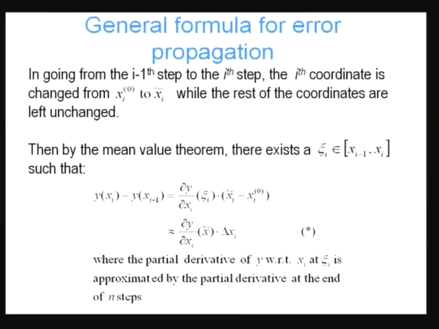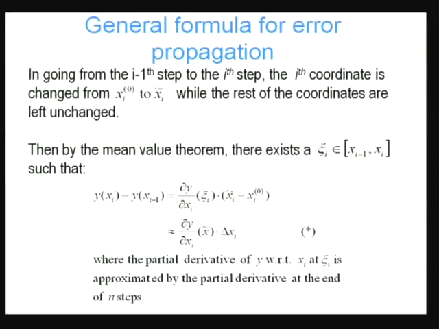Because of this, due to the mean value theorem, there exists a xi i which belongs to the interval xi minus 1, xi, such that y of xi minus y of xi minus 1 is equal to del y del xi evaluated at xi i times the interval, which is equal to xi tilde minus xi0, which is approximately equal to del y del xi evaluated at x tilde times delta xi.